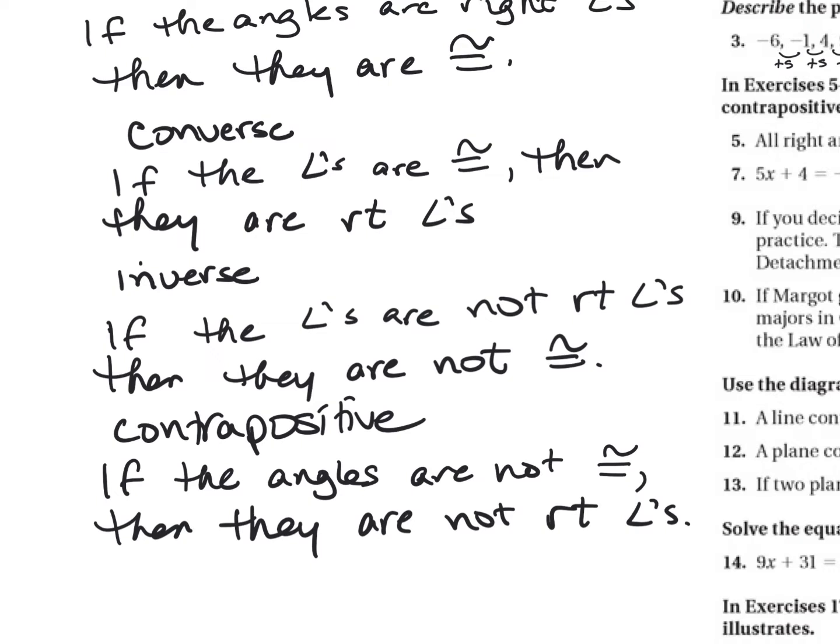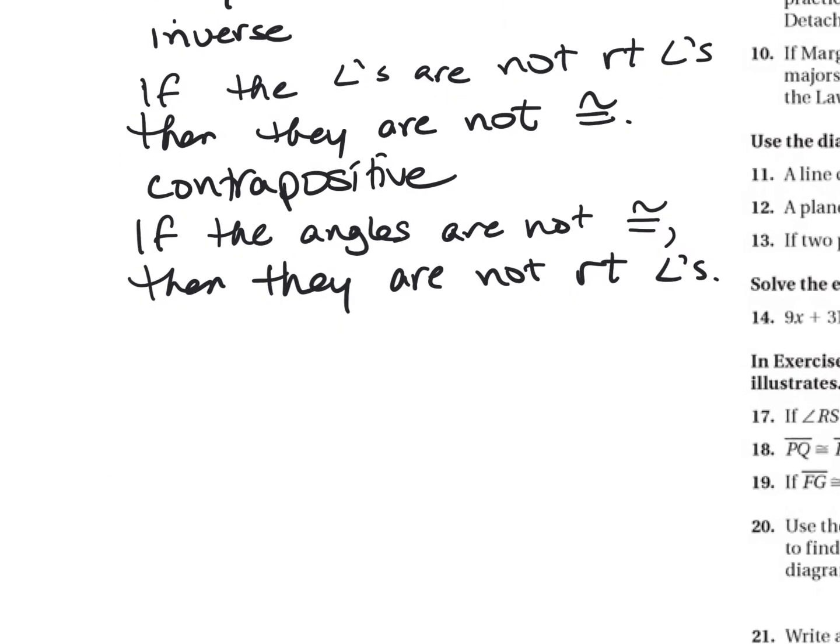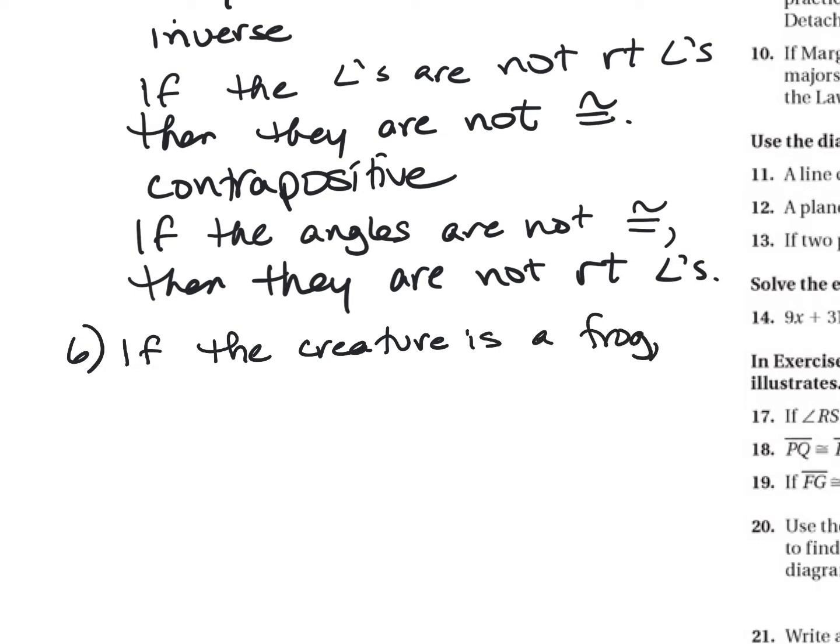Now for number 6, frogs are amphibians. So again, I'm going to do the 4 statements. For number 6, I can state, now you could have said if the animal, I'm going to use if the creature. So this is the if-then statement. If the creature is a frog, then it is an amphibian.